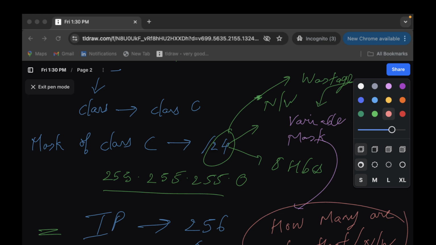Yeah, basically, we are going to vary the subnet mask. That's what it means. So instead of allocating a block to each department, we're not allocating complete blocks.